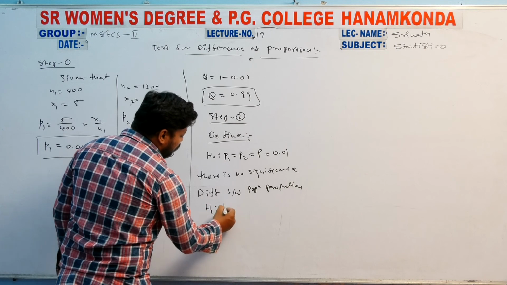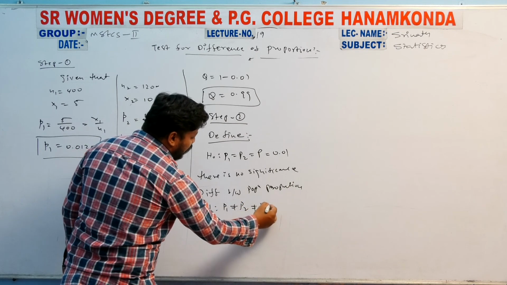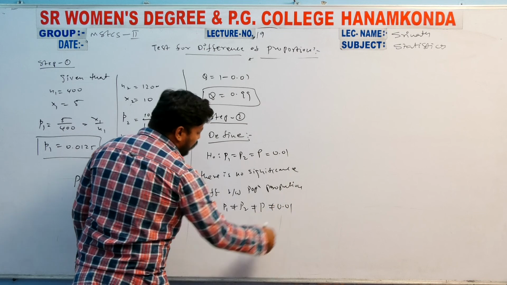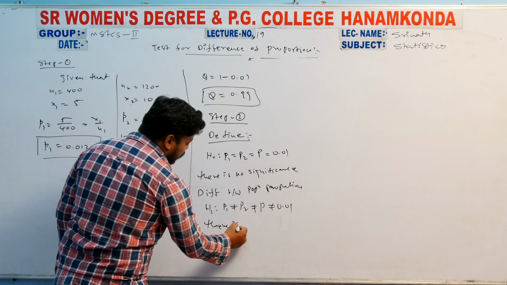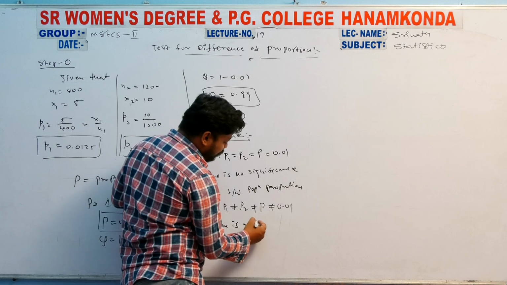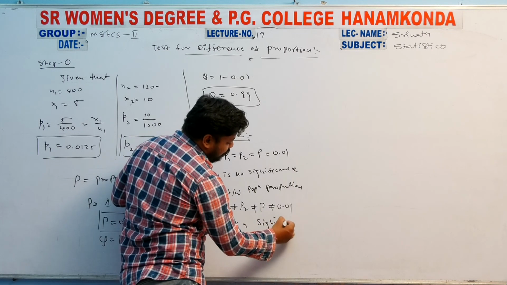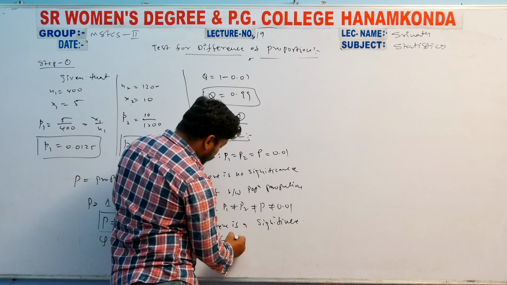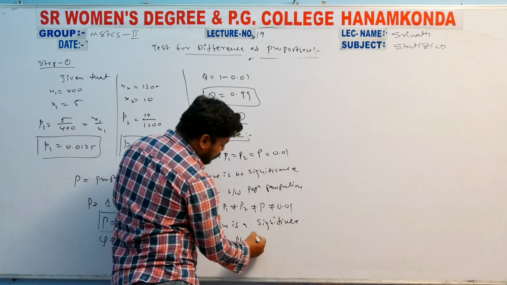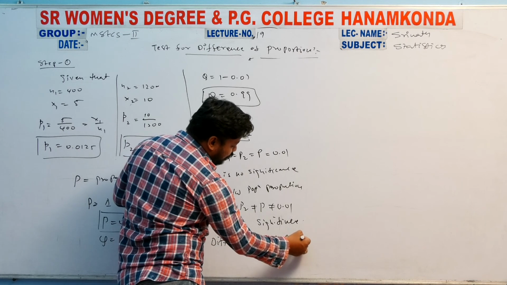And H1: P1 not equal to P2, not equal to P, not equal to 0.01. There is a significant difference between population proportions.